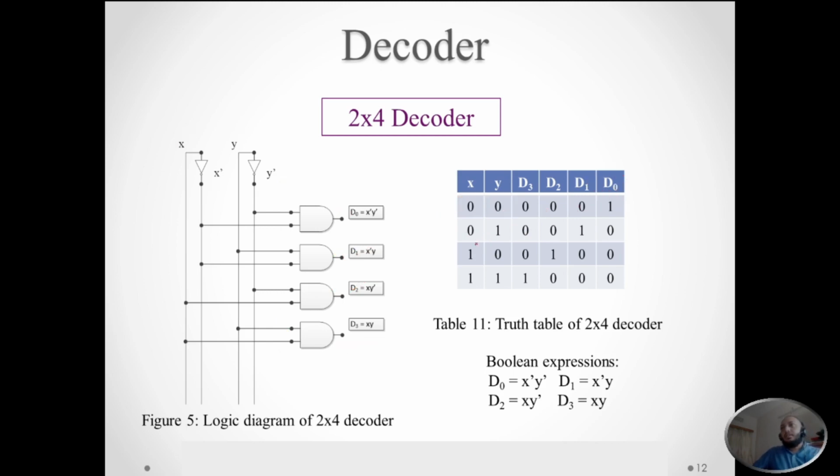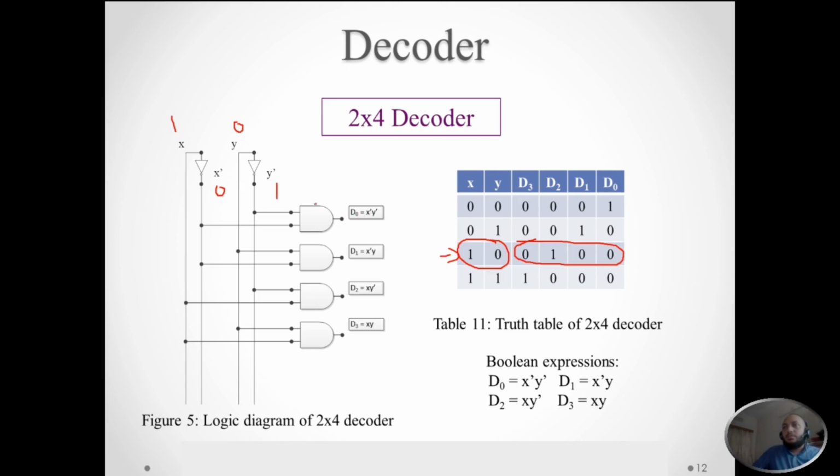Okay, let's study another case. Here x is 1 and y is 0. We want the outputs to be 0 1 0 0. Let's see if we are getting that. So x is 1, y is 0, x prime is 0, y prime is 1.